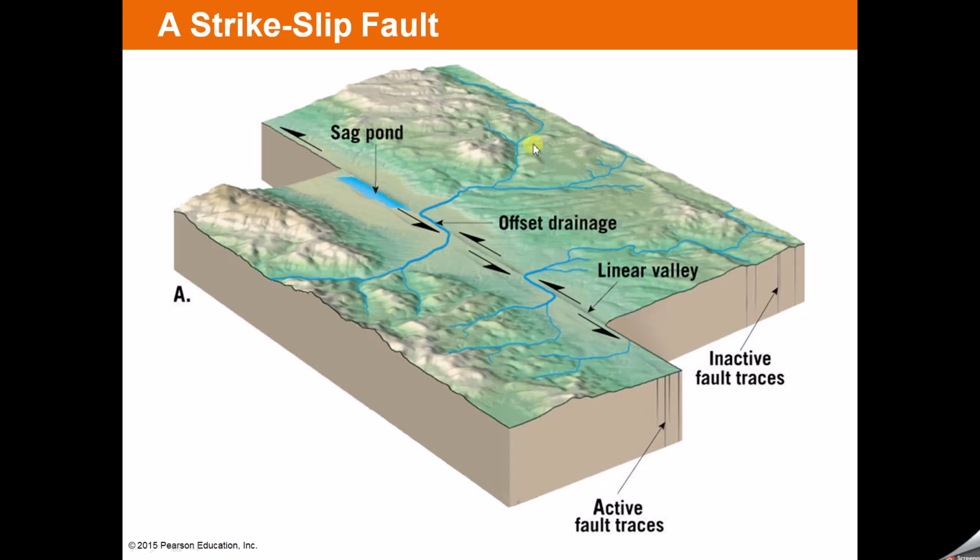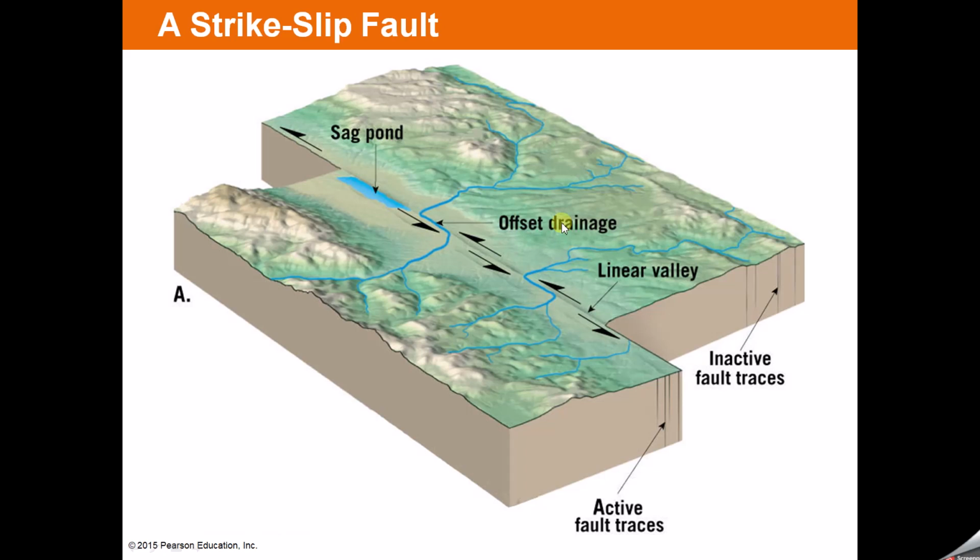And here, if you look at the drainage pattern of the river, when it comes to the fault, it bends like 90 degrees, and then it comes back 90 degrees here. So that means there's a fault when you see a drastic shift in the river pattern or stream pattern.